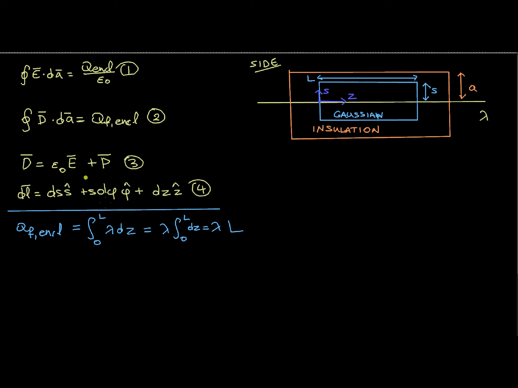Now I'm going to move on with the left side of equation 2. As usual, I will need to write the electric displacement vector in the cylindrical coordinate system, and I will also need to write dA in cylindrical coordinates so that I can find the dot product.